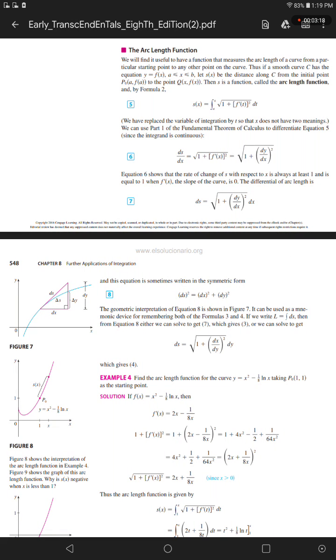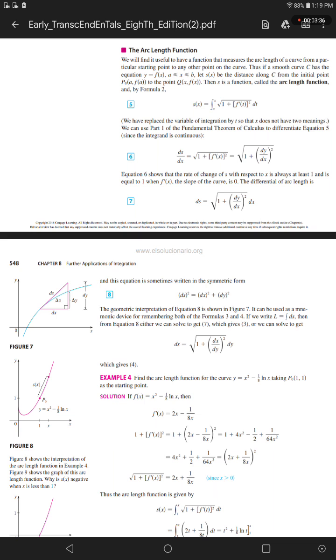The arc length function. We will find it useful to have a function that measures the arc length of a curve from a particular starting point to any other point on the curve.